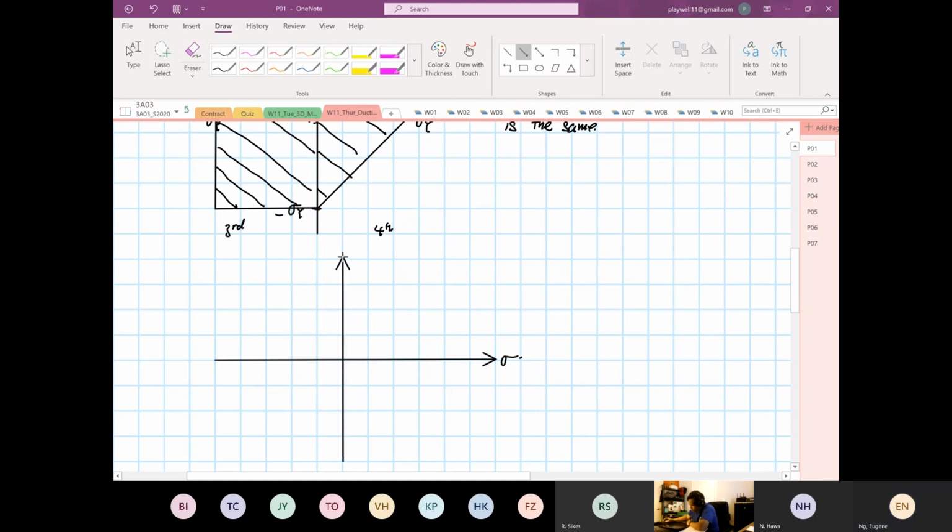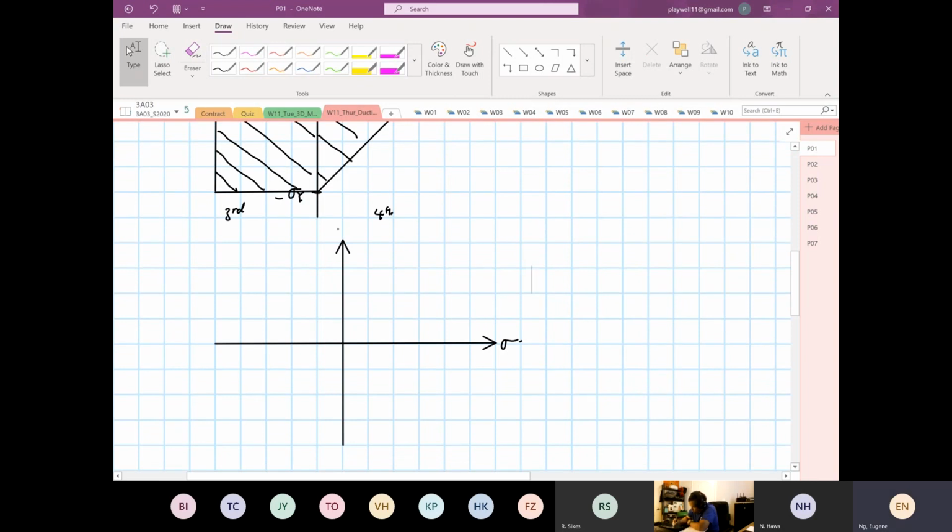This is our shear, with the element rotating clockwise and the element rotating anti-clockwise. Then we have our maximum shear line, so the circle cannot go beyond that. And this is the other maximum shear line.